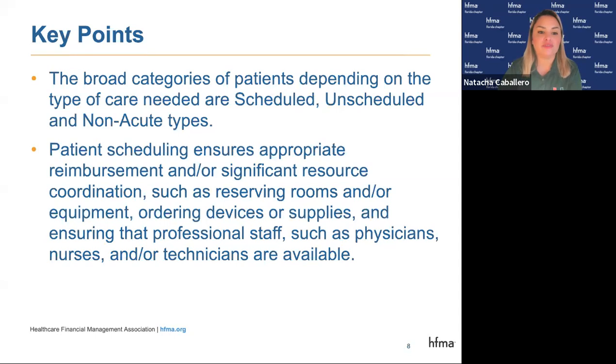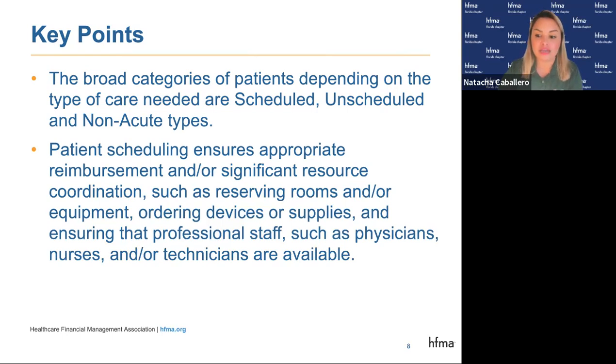Some key points for this section: patients are considered scheduled if the healthcare facility knows that this patient is coming ahead of time. Scheduled patients can be registered as inpatients, outpatients, or recurring series patient types. Many patients receive healthcare services that are not scheduled ahead of time.